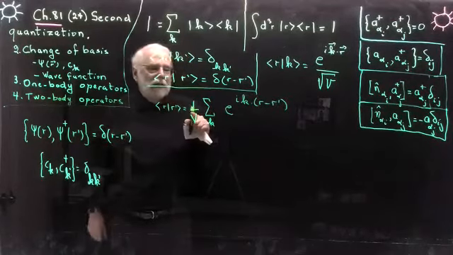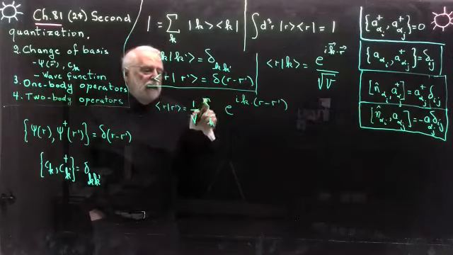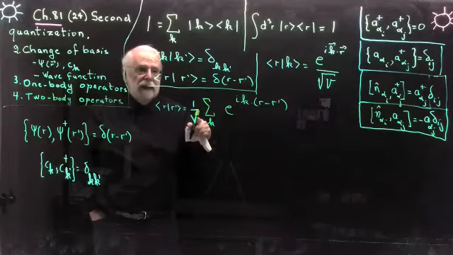Now you know that if I take the limit where the volume goes to infinity, that's precisely the way to go from a discrete basis to the momentum basis.